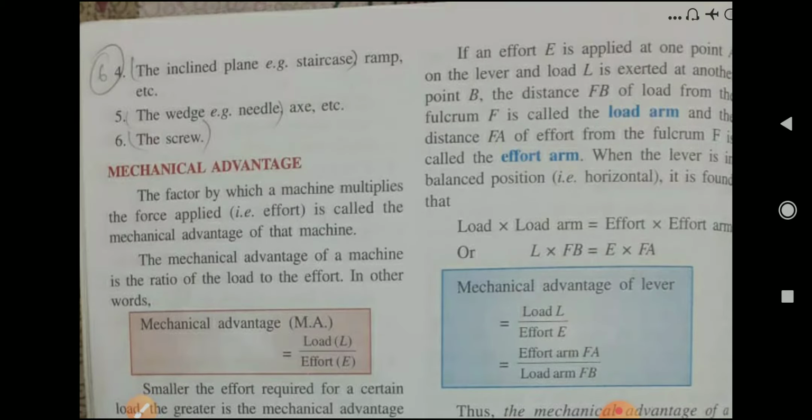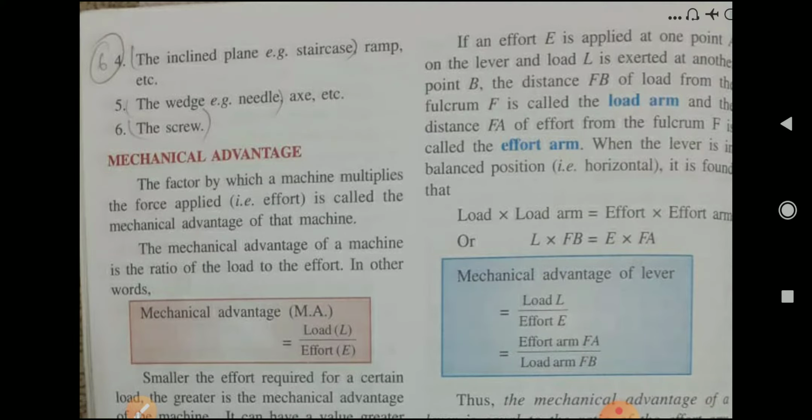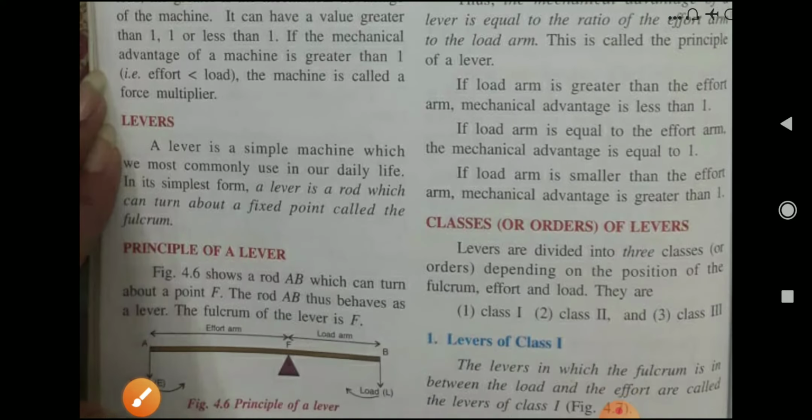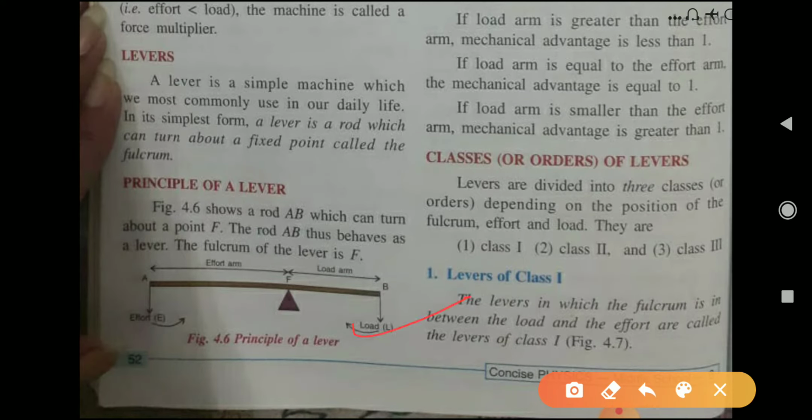Now, if an effort E is applied at one point A on the lever and a load is exerted at another point B, the distance FB of the load from the fulcrum is called the load arm, and the distance FA of the effort from the fulcrum is called the effort arm. Means suppose the load is exerted here, and this is the effort.